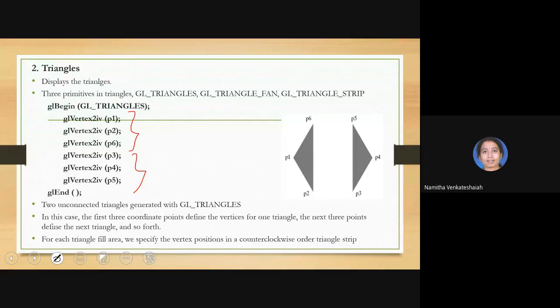What happens if I give P3 instead of P6? P1, P2, and P3, and then P4, P5, P6. Like this the triangles would be drawn.